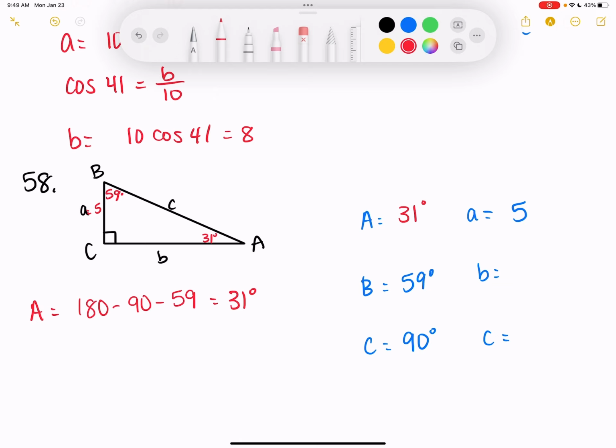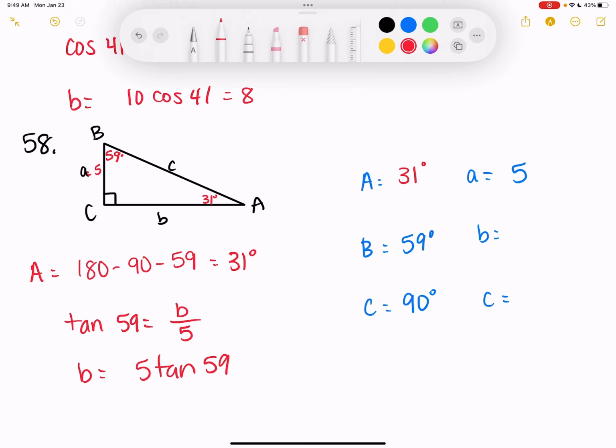The tangent of 90 is undefined. You can do tangent of 59. Yeah, I can do tangent of 59. So the tangent of 59 is equal to b over 5. So then b is equal to 5 tangent of 59. Equals 8. So that's 8.